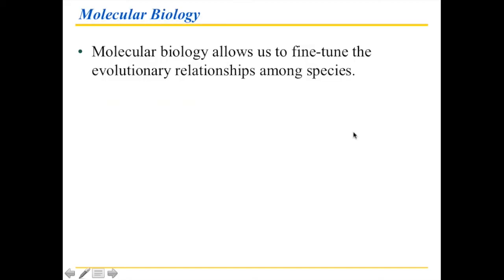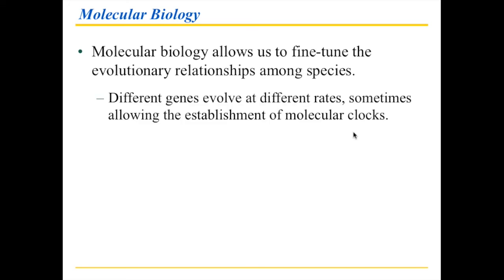It's pretty powerful. And then lastly, now with the way we are understanding molecular biology and how we can tie this directly into Mendelian genetics, this gave us a great opportunity to fine-tune the evolutionary relationship among species.